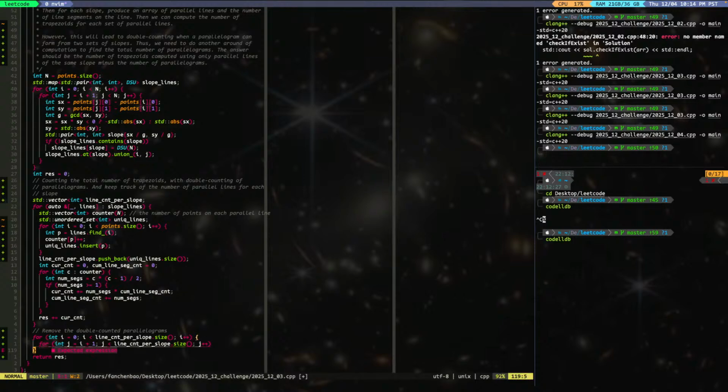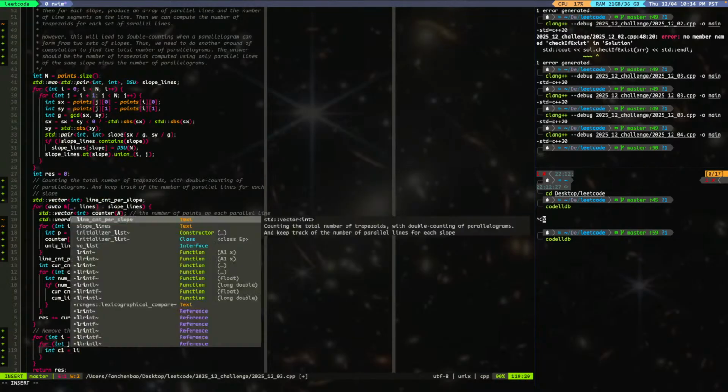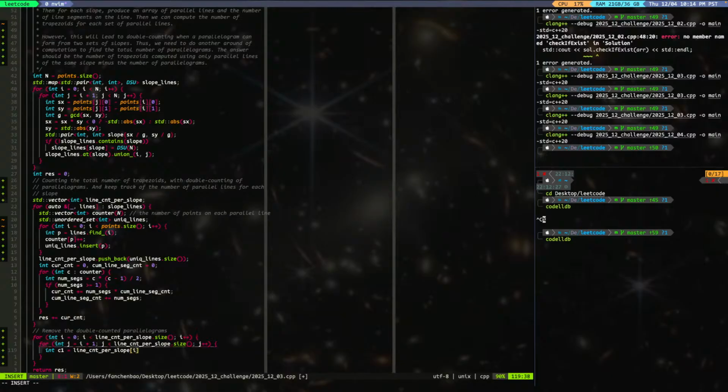So actually let's do this. So int c1 is line count i, right? c2 is line count j, and then res minus equal to c1 times c1 minus 1 divided by 2 multiplied by c2 times c2 minus 1 divided by 2.